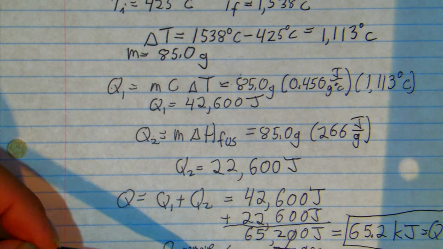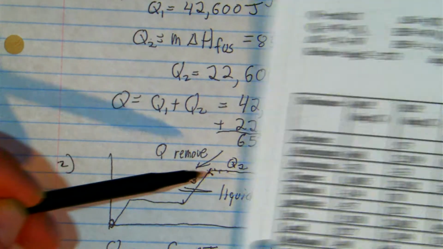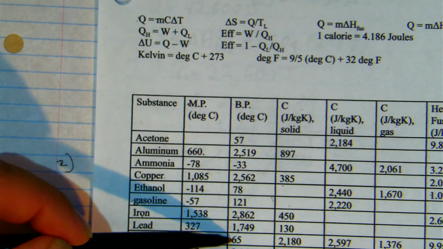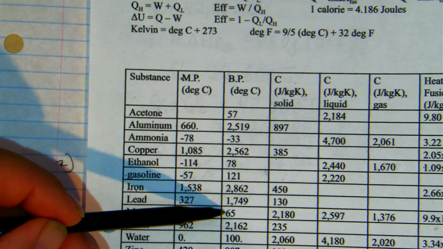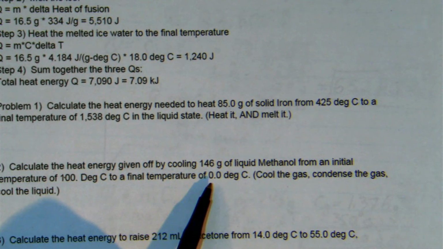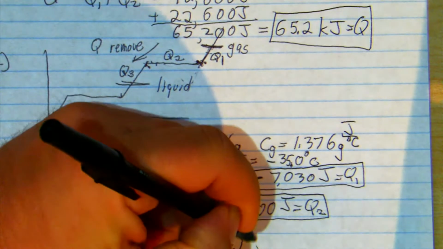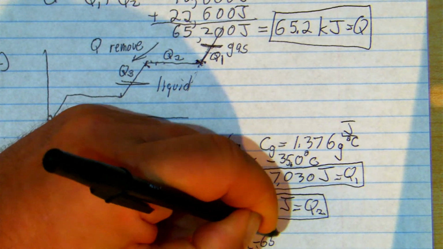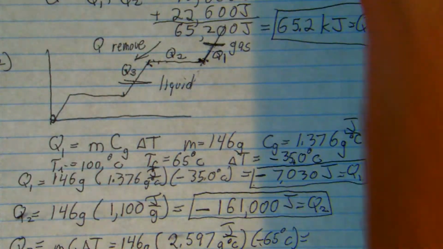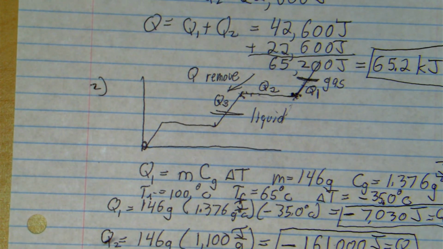The initial temperature is the boiling point of liquid methanol, which is 65 degrees Celsius. The final temperature for problem number 2 is 0 degrees Celsius, and it's still in the liquid state. So delta T is going to be negative 65 degrees Celsius. 0 minus 65 is negative 65.